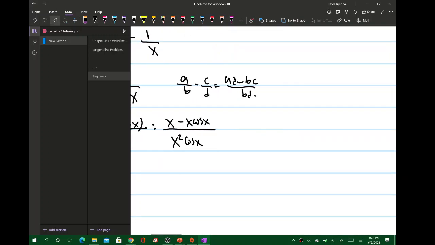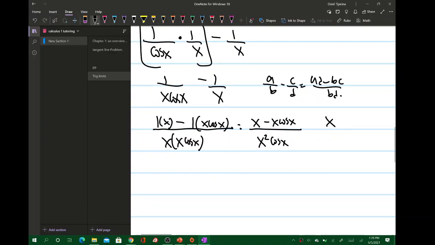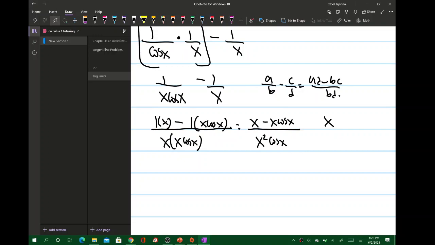So you can actually simplify this. Let me try to explain this as best as I can, because this one's a little hard.